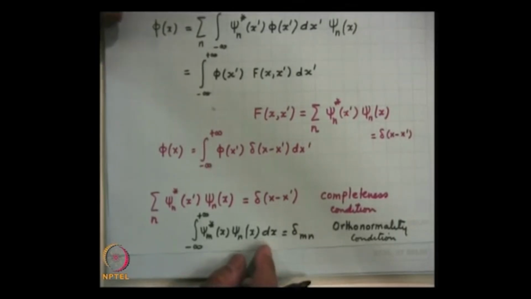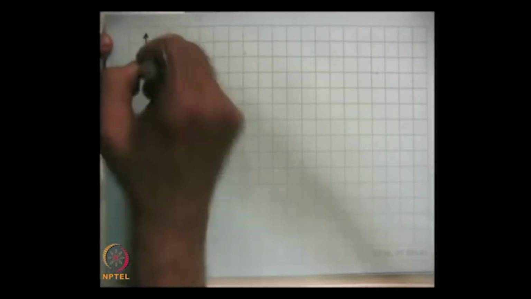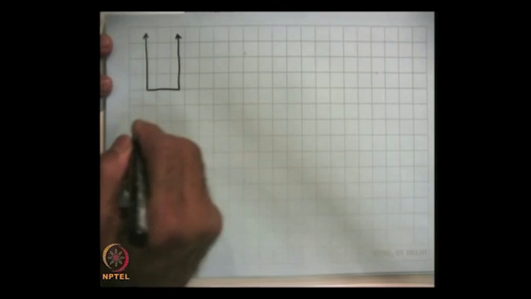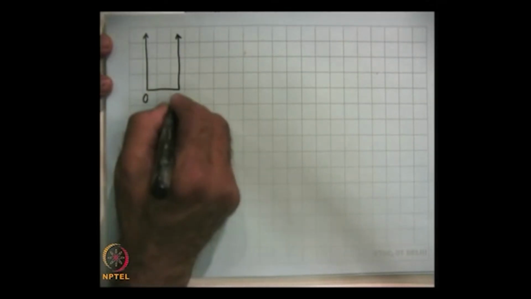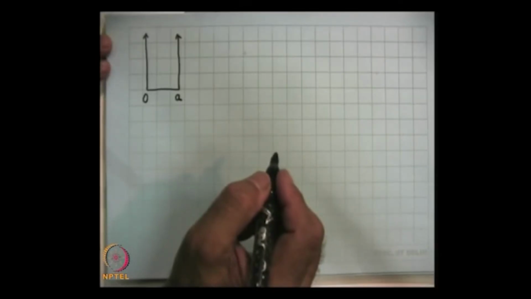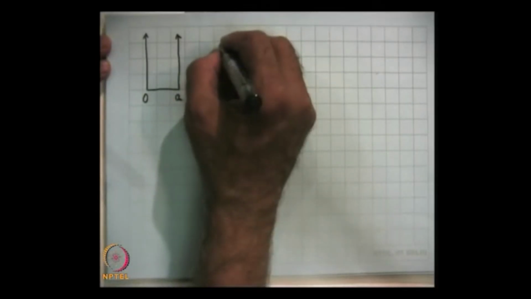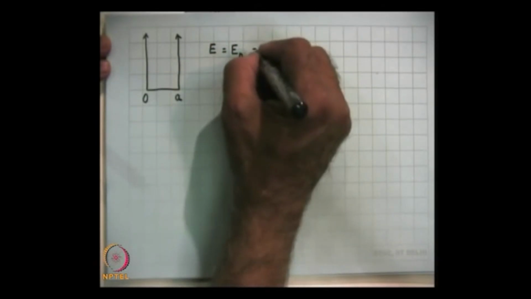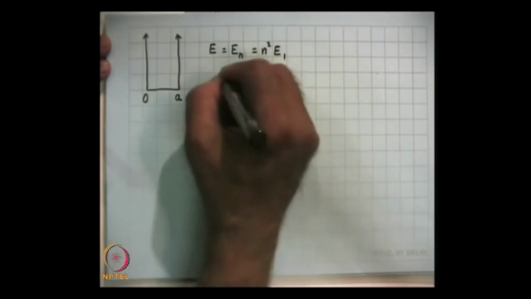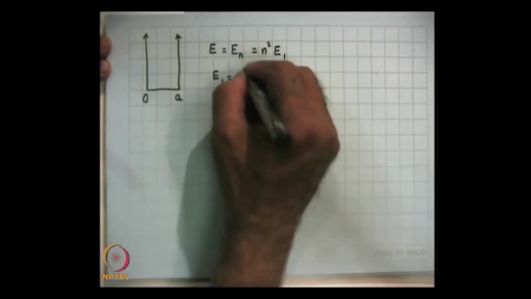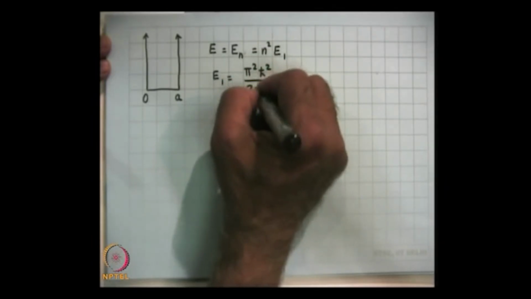Now, in the example that we had discussed in my last lecture, lecture 8, we considered a particle in a one dimensional box, and the domain that we considered was between 0 and a, and we had found that the energy eigenvalues are E n equal to n square times E 1, where E 1 is equal to pi square h cross square by 2 mu a square.